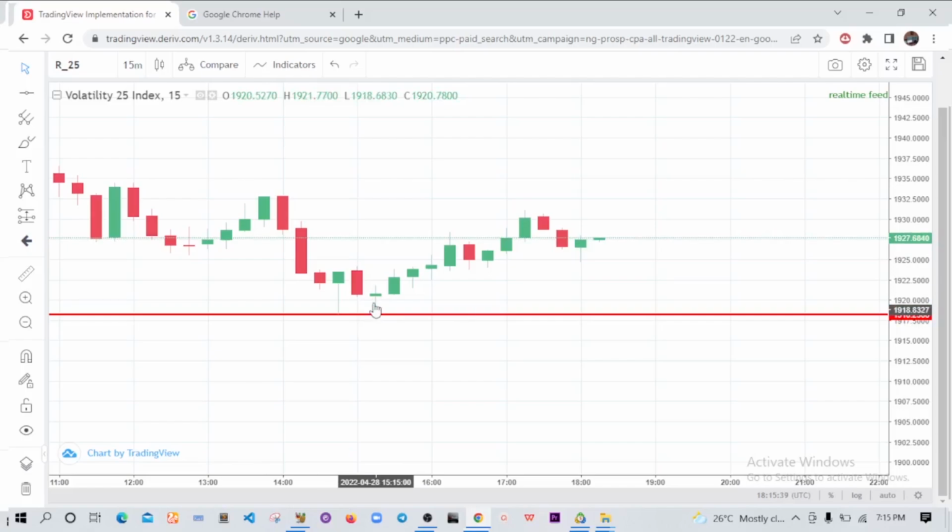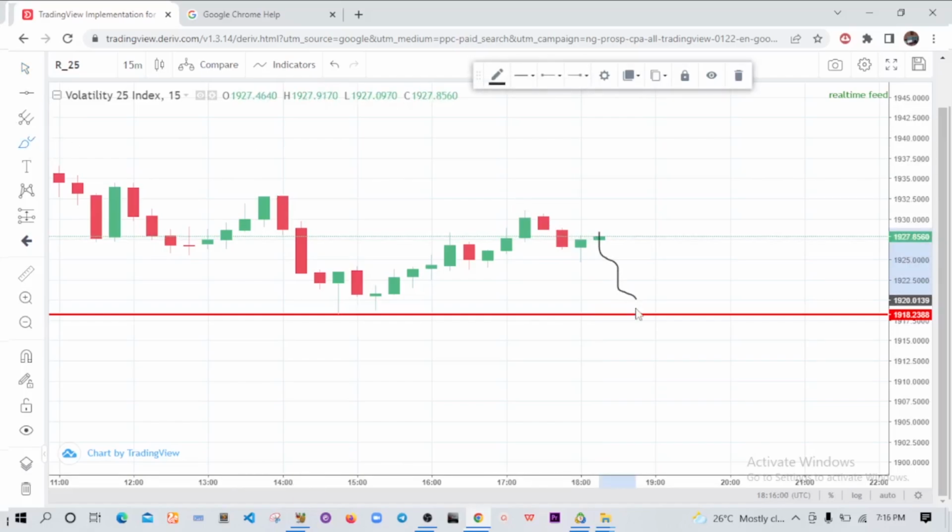A doji formed after this pin bar and pullback, and it pushed this price way up to this point. And currently we have a pin bar right here. So I'm definitely going to enter this trade right now. But even if you miss this entry now, the price might likely go down to retest this point again, before it starts pushing up. But for now, I'm going to enter this trade.